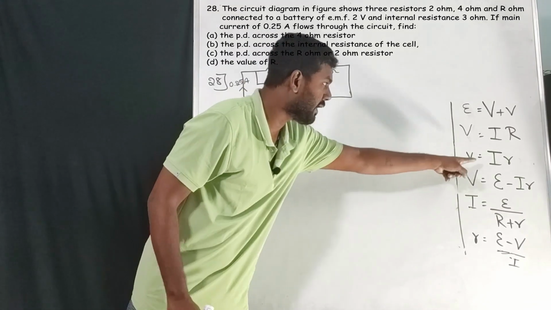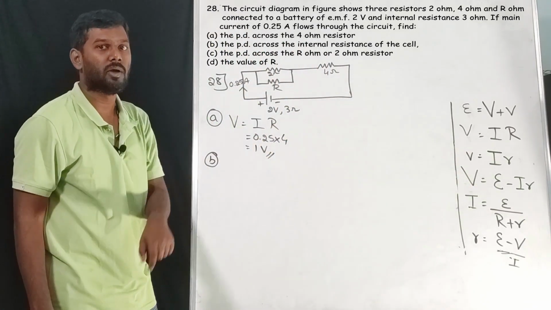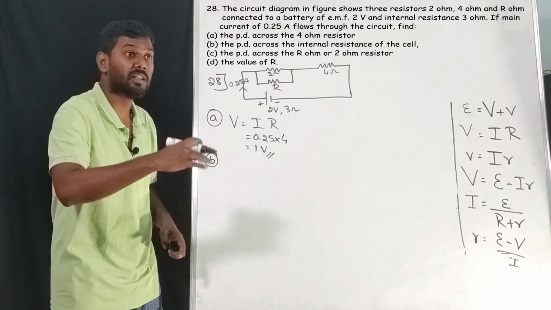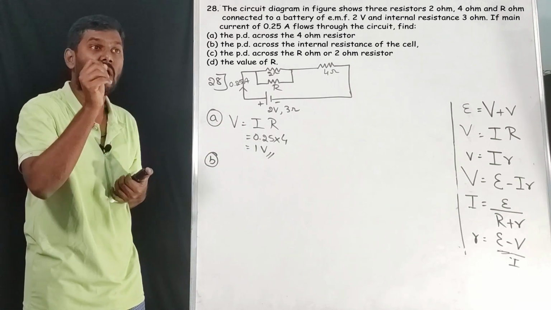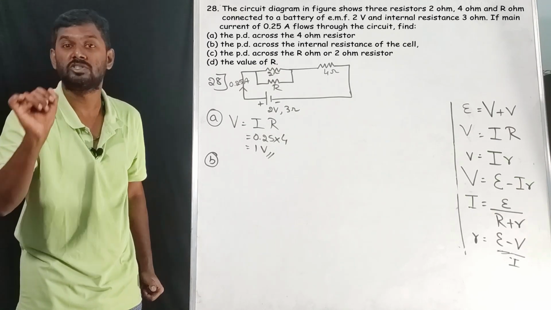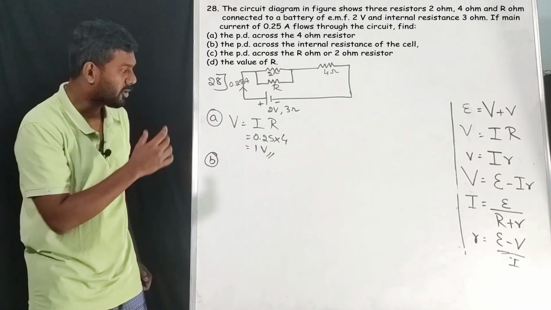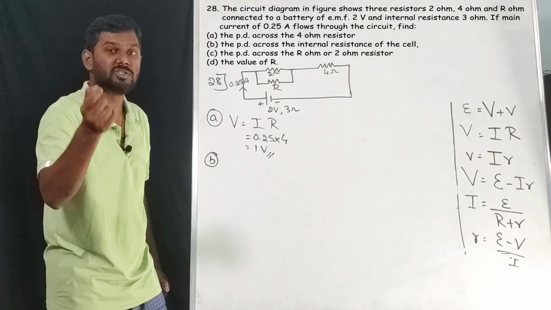Whenever you multiply I into small r, what you are going to find is the voltage drop. In the main exam they may twist the question. Instead of asking the potential difference across the internal resistance of the cell, they may ask you to find the voltage drop. Both are the same.